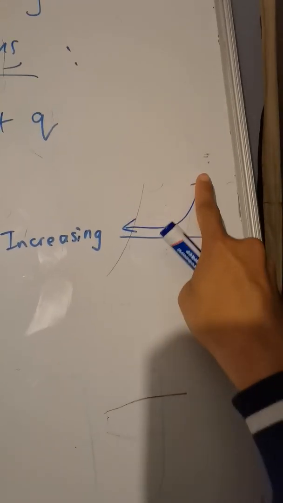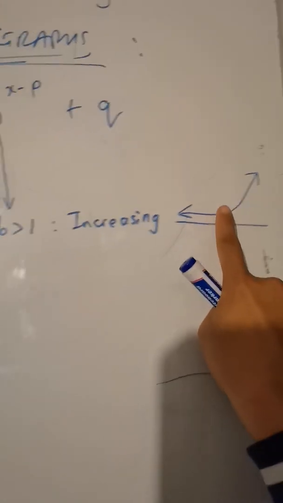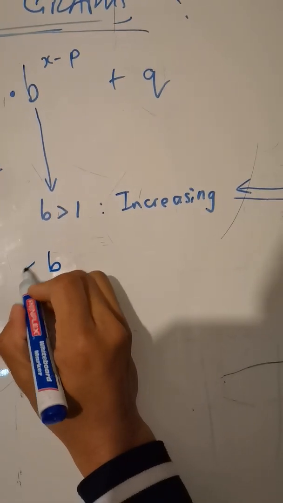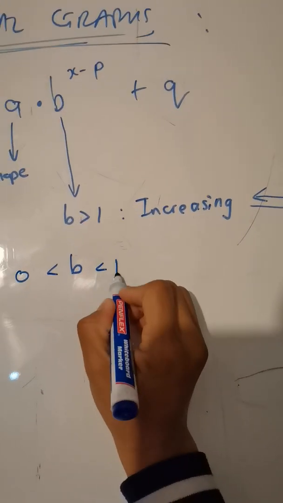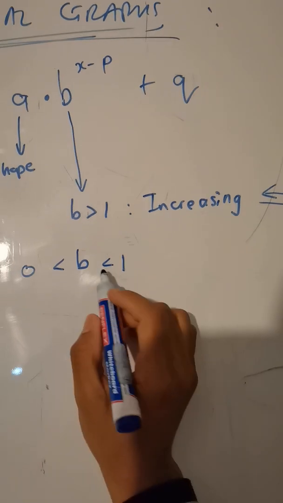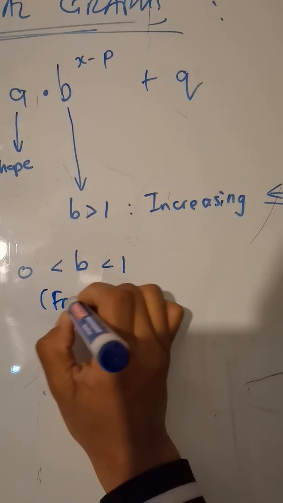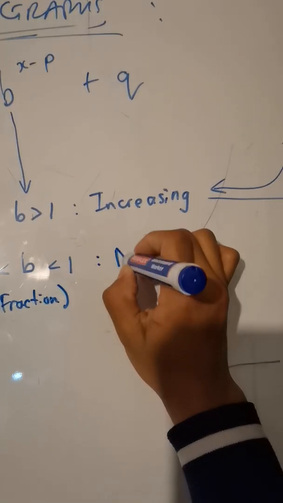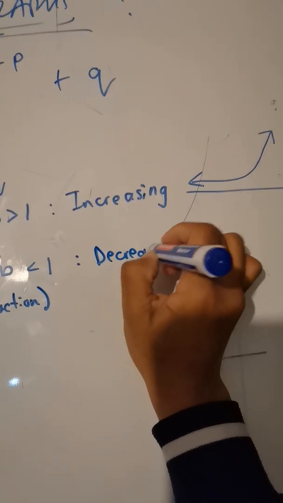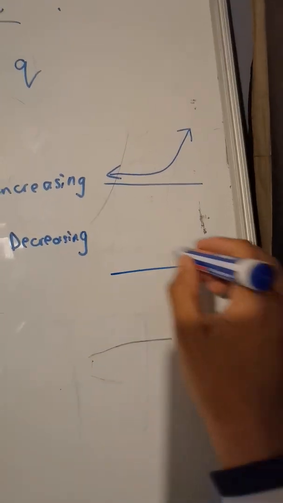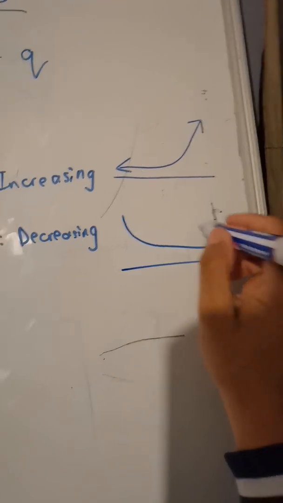And then if b is more than 0 and less than 1, for example, it's a fraction. So if b is a fraction, we have a decreasing exponential graph. So you see that's the asymptote, and the graph will look like that.